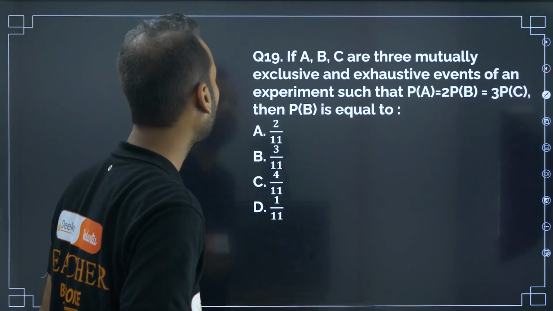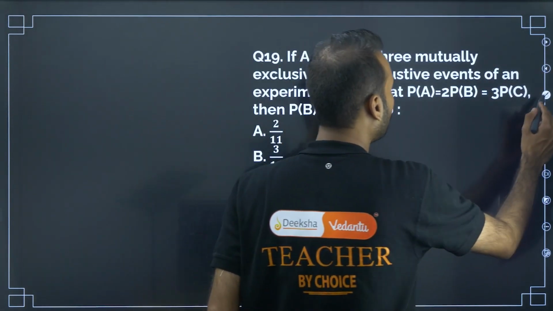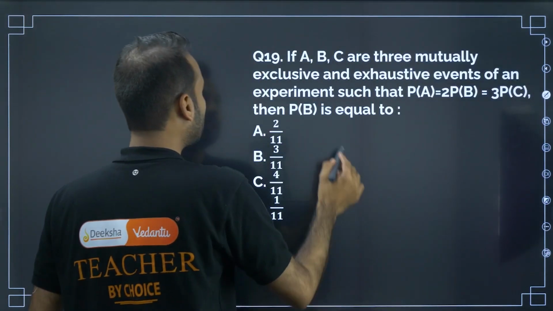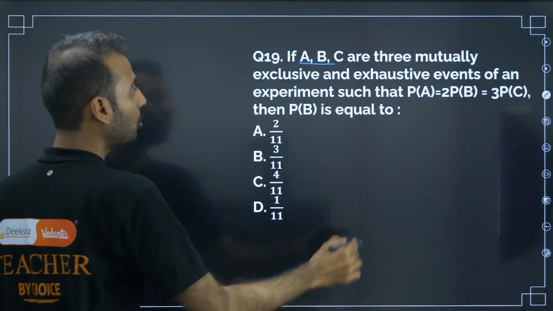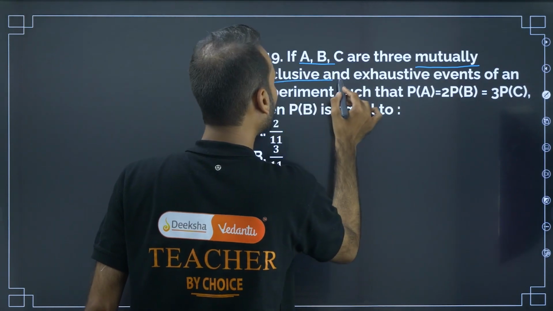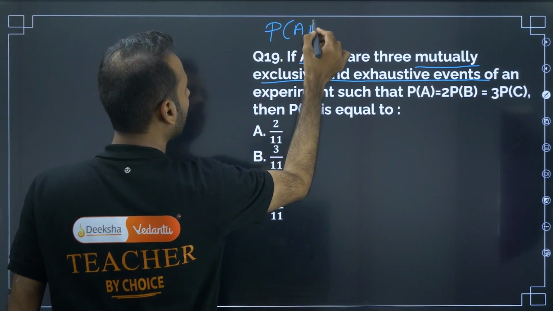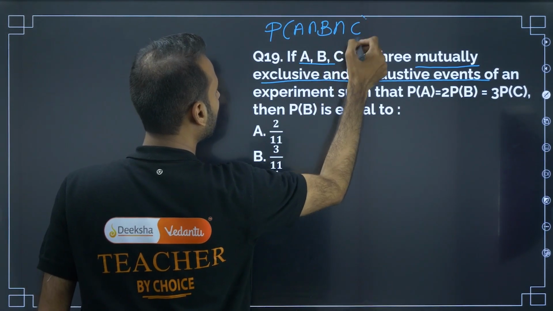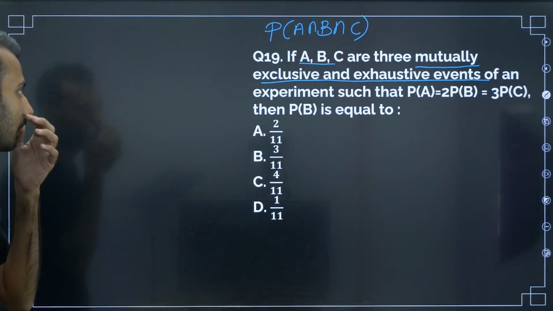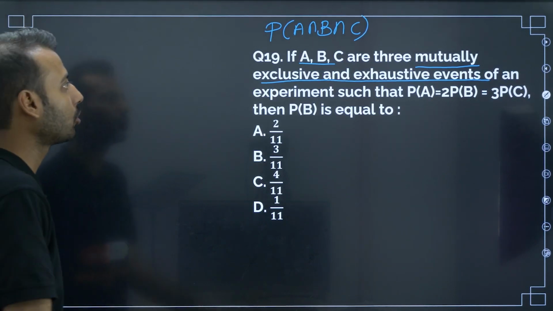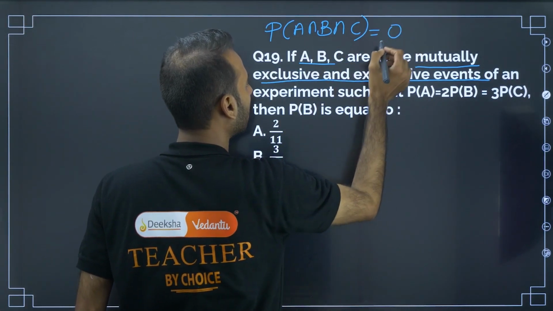If A, B, C are three mutually exclusive and exhaustive events, that means mutually exclusive means the intersection is 0.